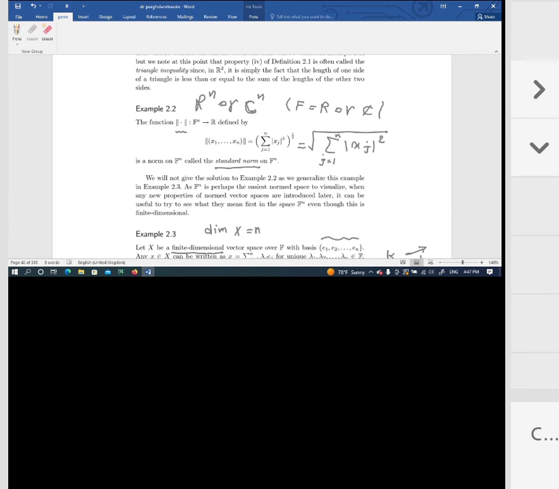This is a norm, and we call it the standard norm on F^n. So when we say standard norm or Euclidean norm, we mean this norm.